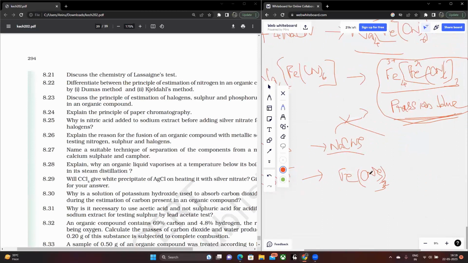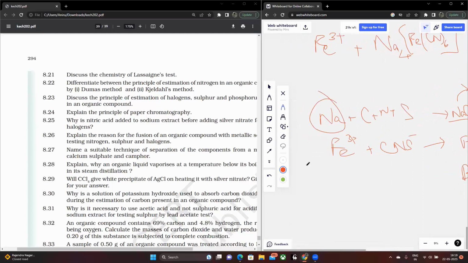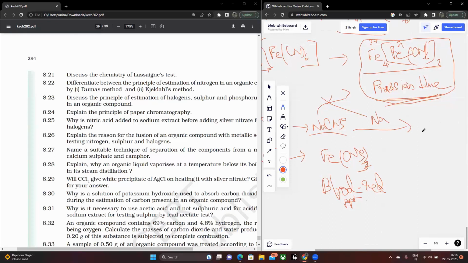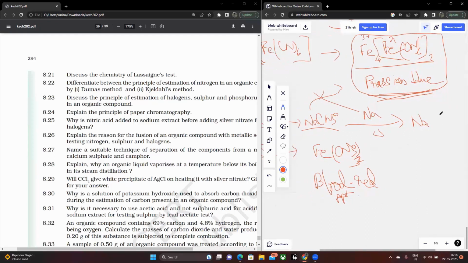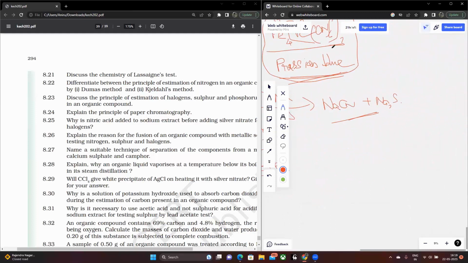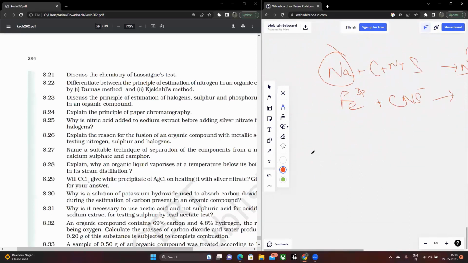But if you want to confirm nitrogen again, you can boil the whole solution with an excess of sodium. Then on heating you get NaCN plus Na2S. Then finally you can do the Prussian blue test and the sulfur test. Test for sulfur goes as such.